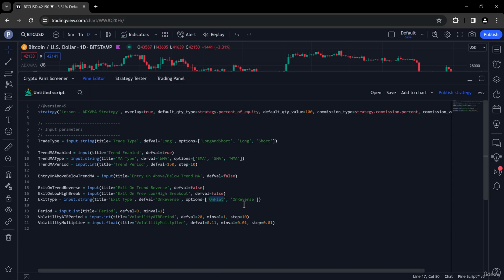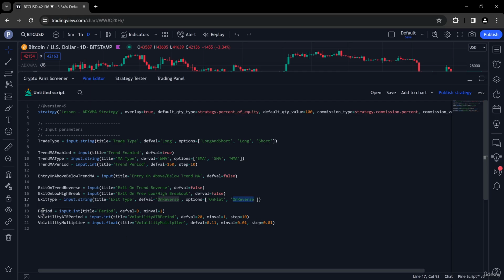Or when the ADX VMA is reversed, meaning that, let's say we entered the long position, and then ADX VMA becomes bearish, becomes red color, then we exit. And this logic is applied when we have exit type on reverse.